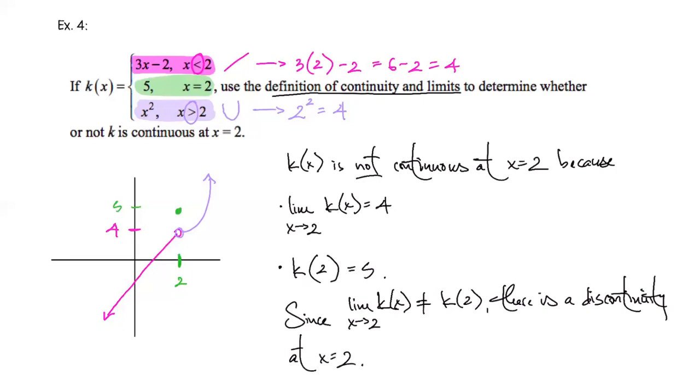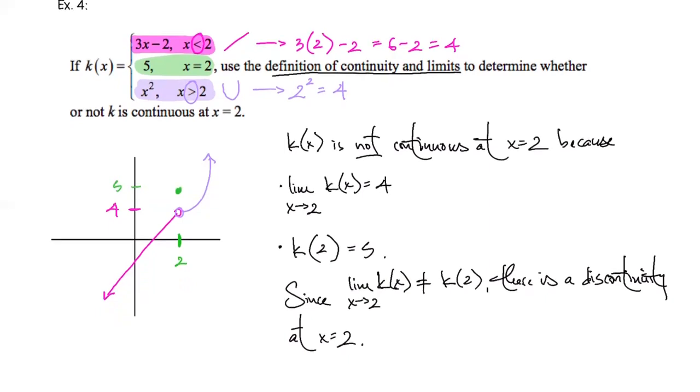I know it's a lot of writing, but especially for those of you who are newer to this class, this is my expectation: that we are able to not just compute numbers, but that we can understand the concepts and be able to explain those concepts.